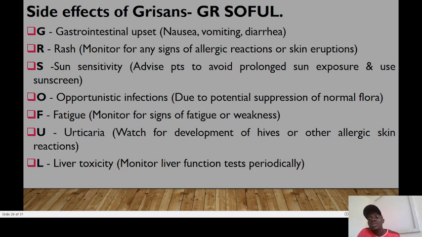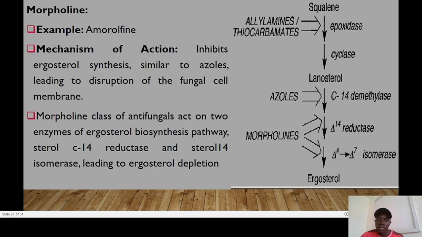Okay. Next, you have opportunistic infection, and this is due to potential suppression of the normal flora. Fatigue, you have to monitor for signs of fatigue or weakness, and urticaria, you watch for the development of hives and other allergic skin reactions. Lastly, liver toxicity, you have to monitor liver function tests periodically, okay, so as to keep all this in check.